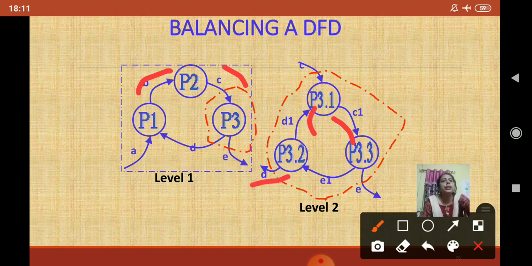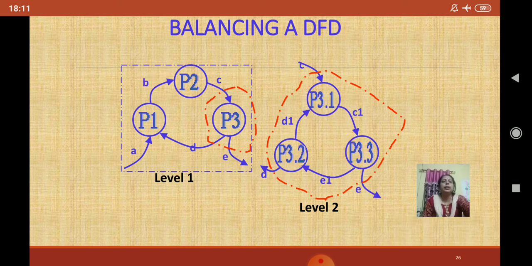Here D is output, C is input. D and E are output. So in each level the input and output are the same for the same process. Okay, this is known as balancing a DFD.